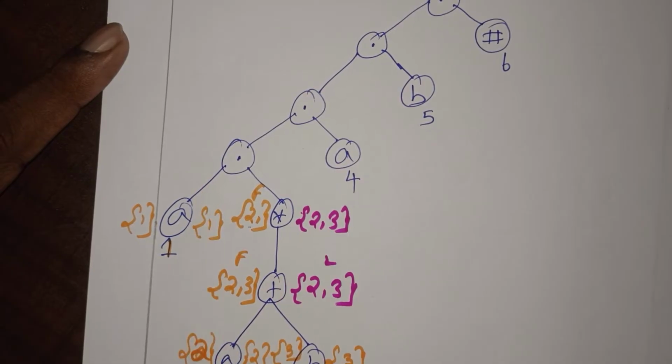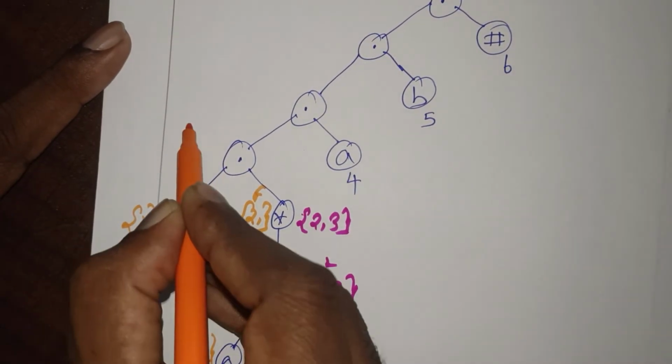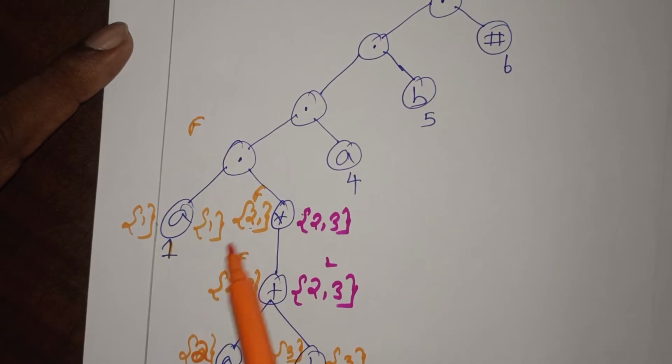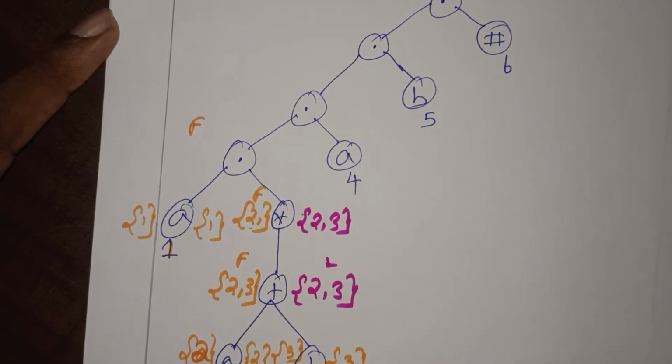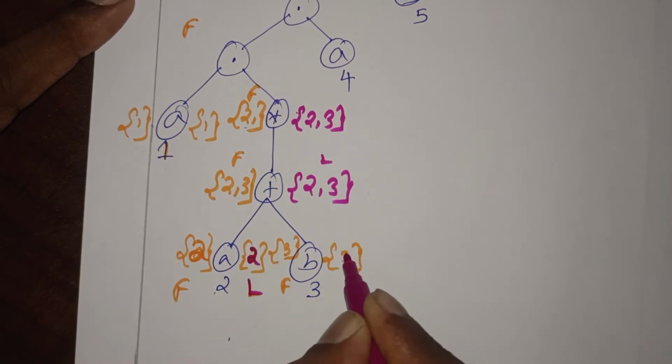If the condition is false, then it will do the usual process. Now I am going to find the first of this dot. On the left-hand side I am representing this orange color to identify the first position, and this purple color is for the last position. I will change it here also so that you won't have any confusion.